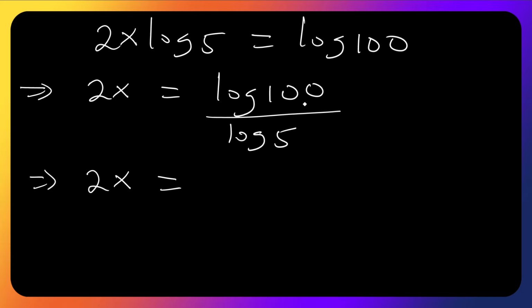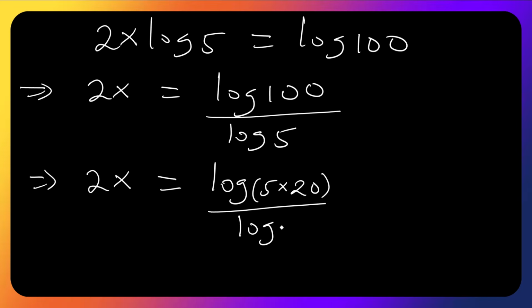So let's change this one. Log 5 times 20. So 5 times 20 is 100 on log 5. So this one is a product.